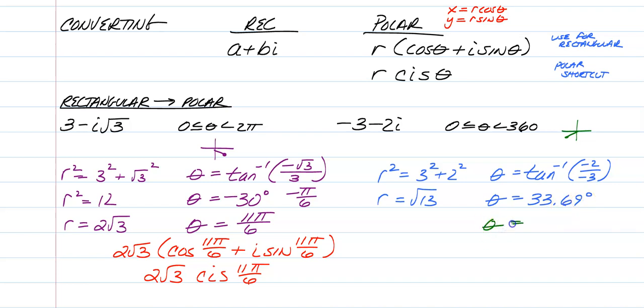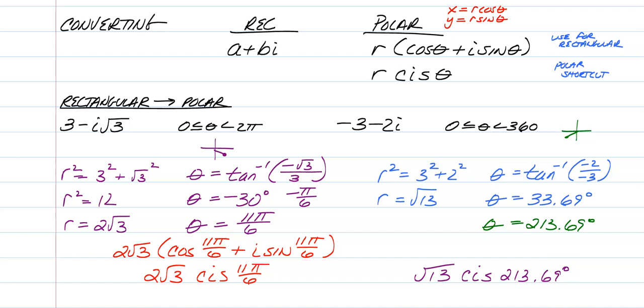So the real theta for this particular example is going to be 213.69 degrees. And since we're in polar, we're just going to skip straight to the shortcut. And we're going to say that our final answer is the square root of 13 cis 213.69 degrees. Okay? And that's that.